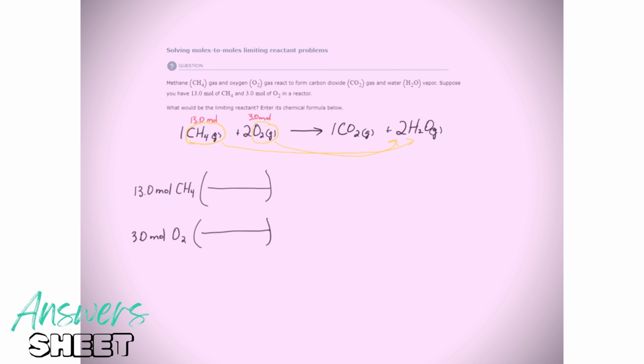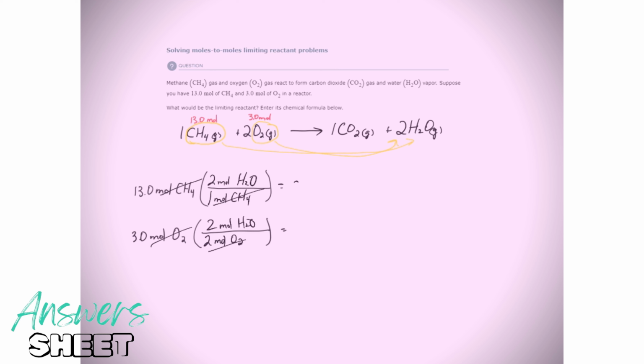We already have it. So we can just pull the coefficients straight from the balance equation. The balance equation tells me that 1 mole of methane produces 2 moles of water. It also tells me that 2 moles of O2 produce 2 moles of water.